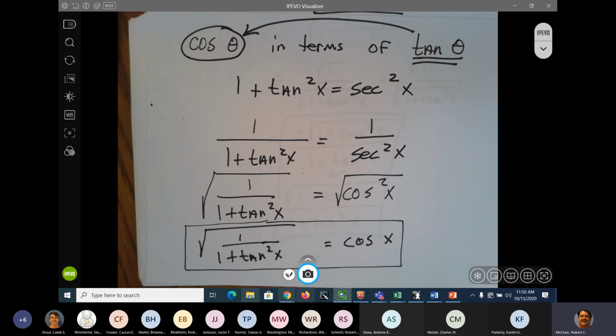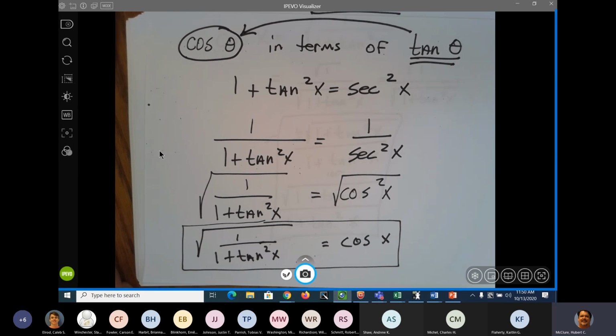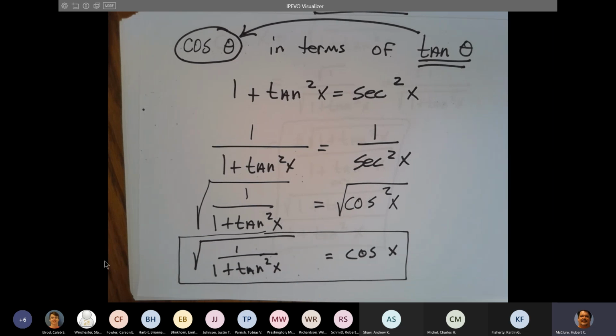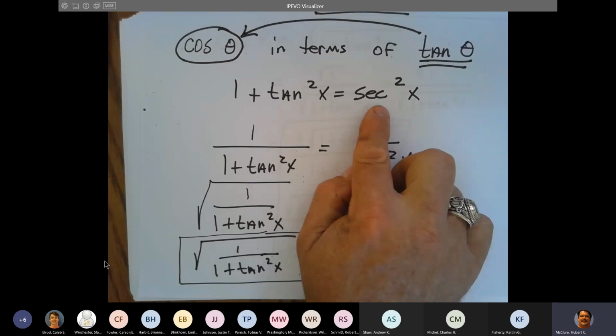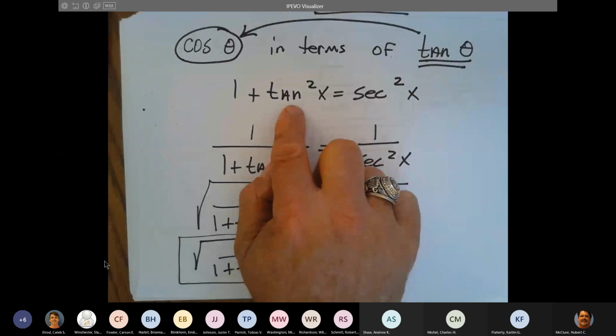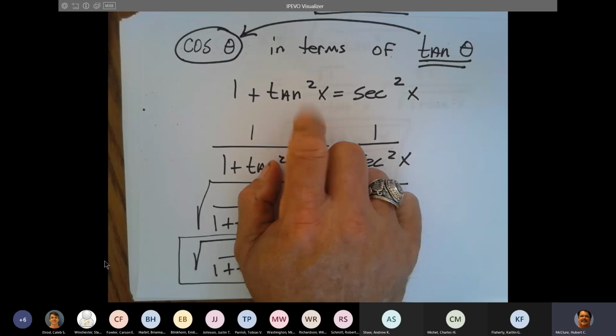But in this case, they went with the Pythagorean identity first. Now, how did they know to use this? Well, they had to find something with a tangent in it.